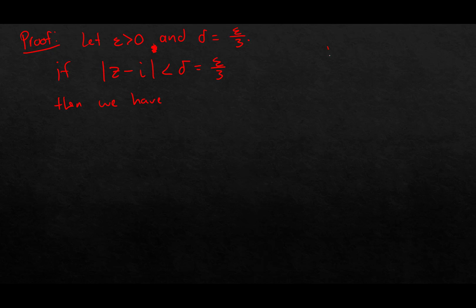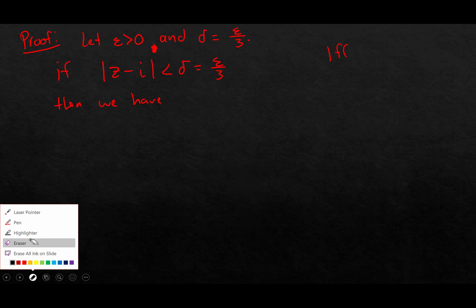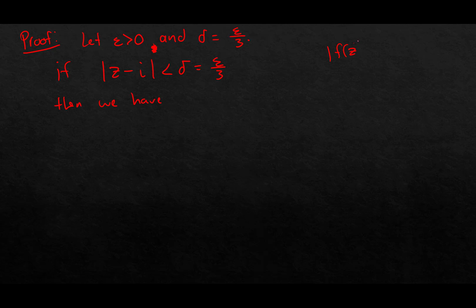Our end game is to get that f of z, we're in complex land, minus L is less than epsilon. So if the absolute value of z minus i is less than delta, which is epsilon over 3, let's rework it backwards so that we get this inequality here.